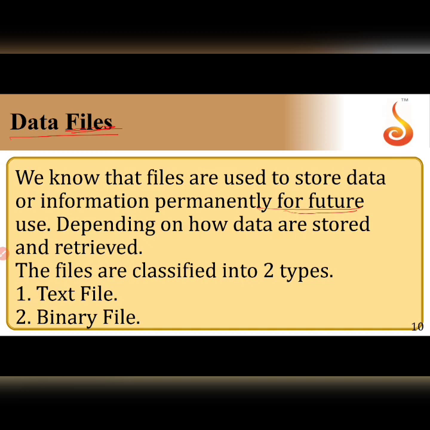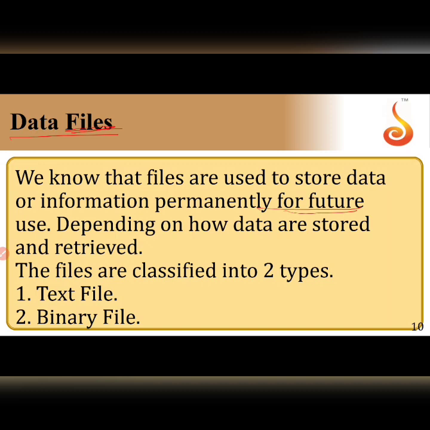Some of the storage devices are optical disk, magnetic disk, magnetic tapes. Apart from that you have USB drives, hard disk, all these are storage devices. So we store files on them and they can be retrieved whenever required.